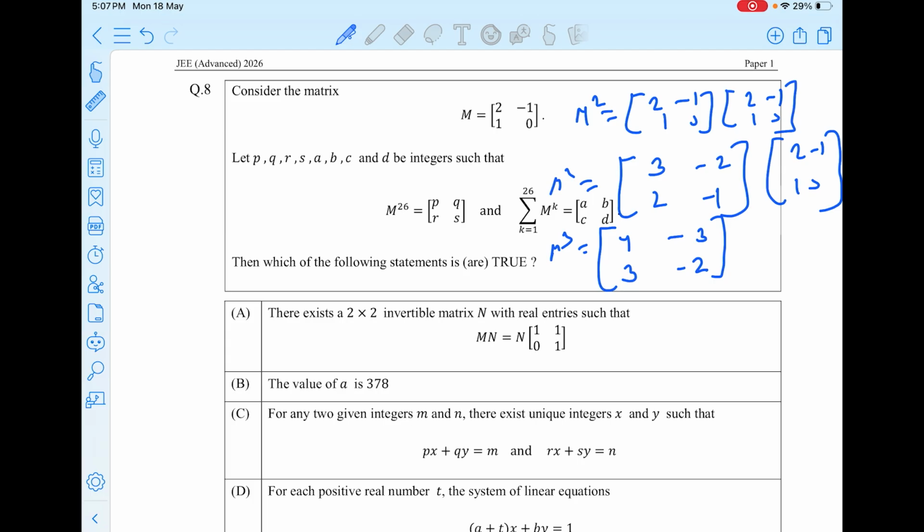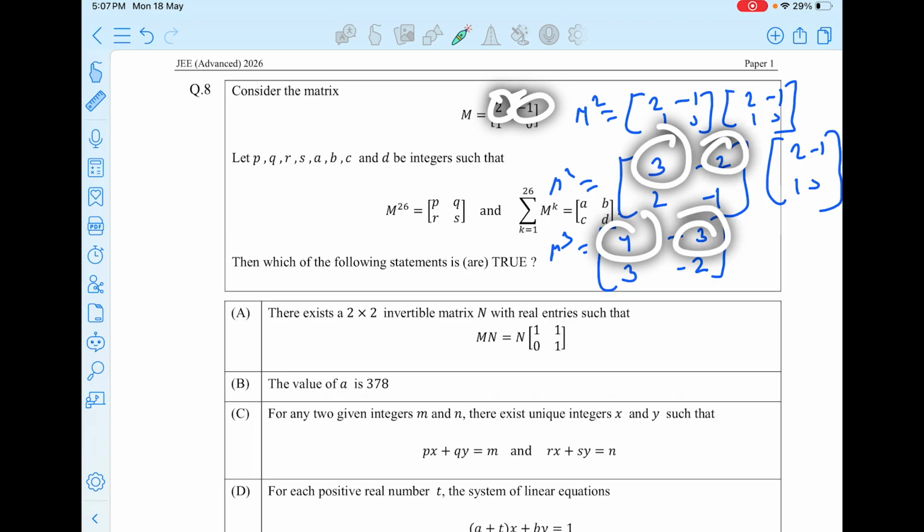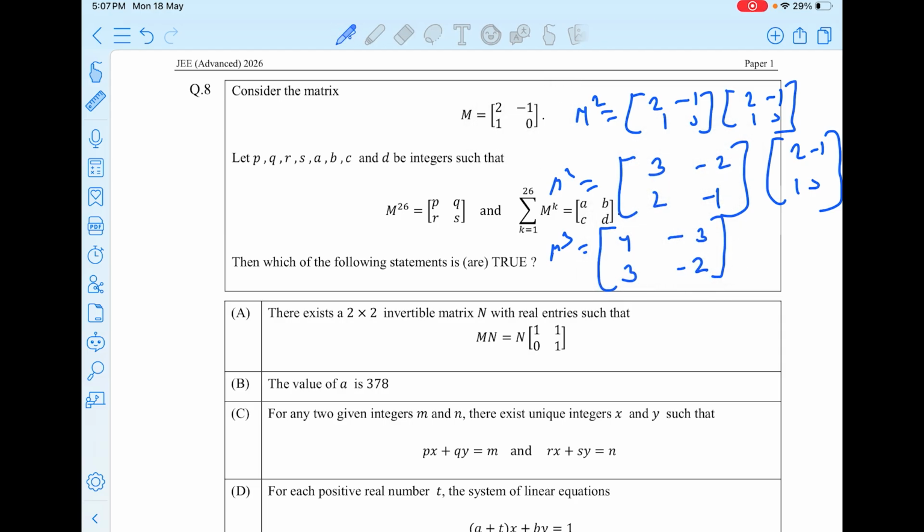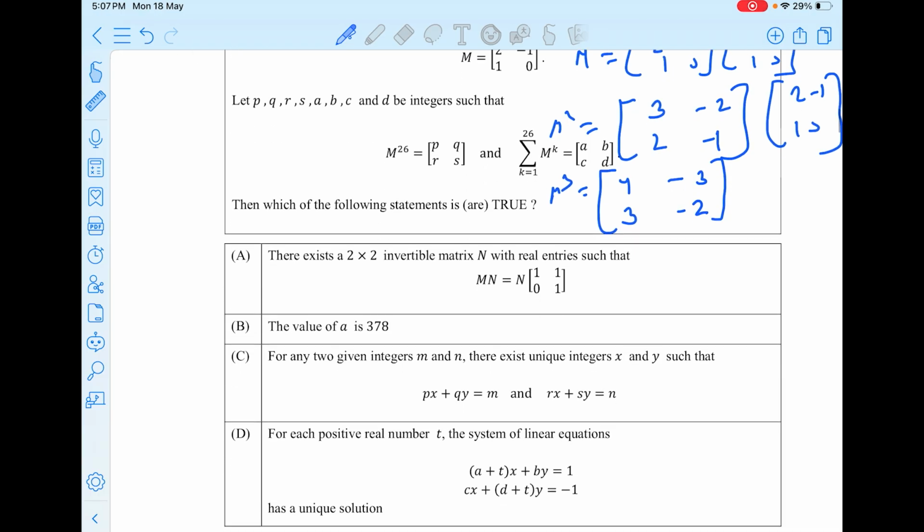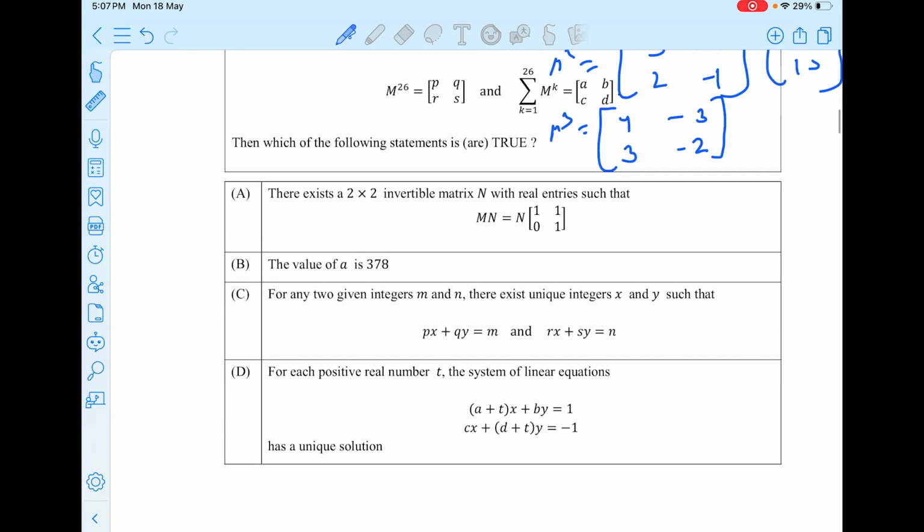Now you can see that M was having 2 here, M squared 3, M cube 4, then -1, -2, -3, then 1, 2, 3, then 0, -1, -2. So very easily you can write M to the power 26, and all options are very straightforward.